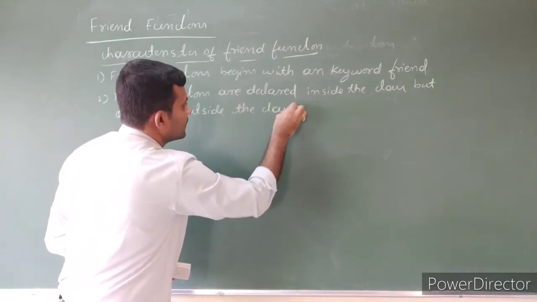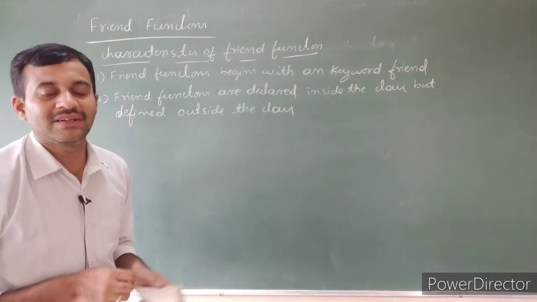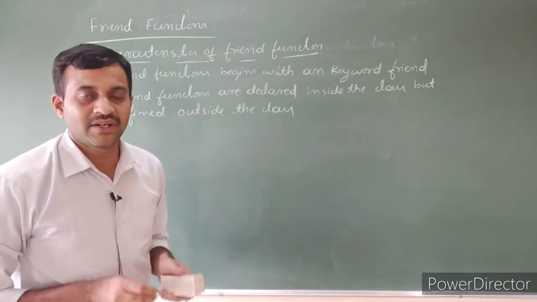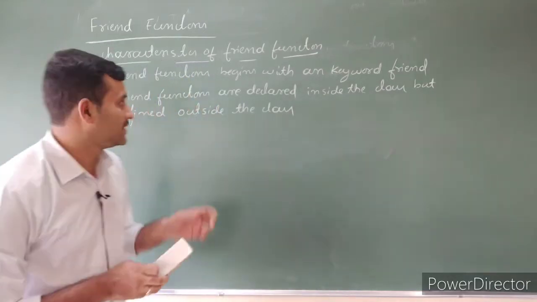See the first one. All friend function declarations begin with the keyword friend. We know that a declaration of a function does not have any body. Then see the second one.